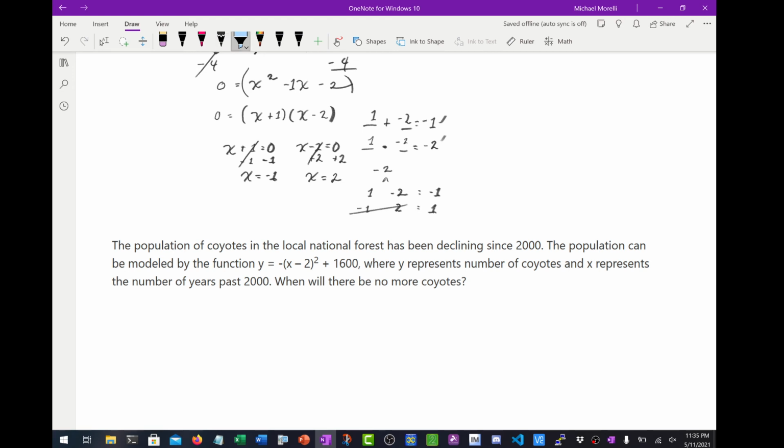So the key phrase here is y is the coyotes. So the question is, when will there be 0 coyotes? So we need to write this equation down. Okay, y equals negative, open parentheses, x minus 2 squared plus 1600.